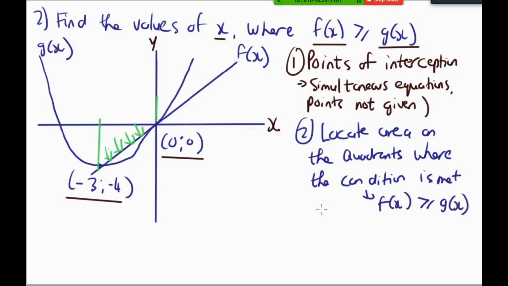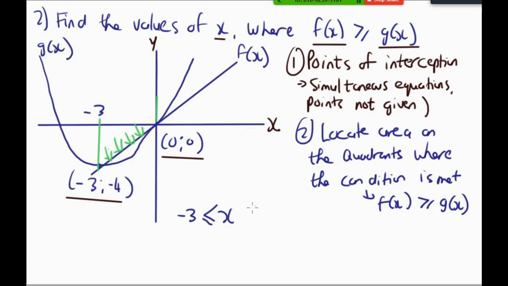So in our case, we can see that our answer is going to be where x is greater than... the x value over here is -3 and the x value over here is 0. So it's where x is greater than or equal to -3. In this case, we're using the equal to as well because of the equal to sign over there.